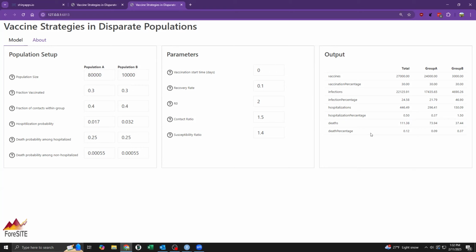The input parameters are one thing worth discussing, because it's a whole separate project to figure out what these parameters are based on an outbreak that you're seeing. It's easy to make them up and explore what's happening. I guess that's one thing worthy of discussion.